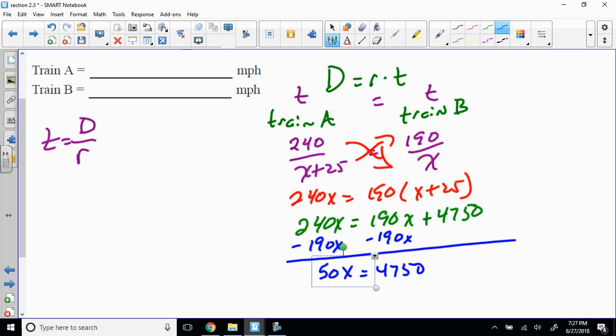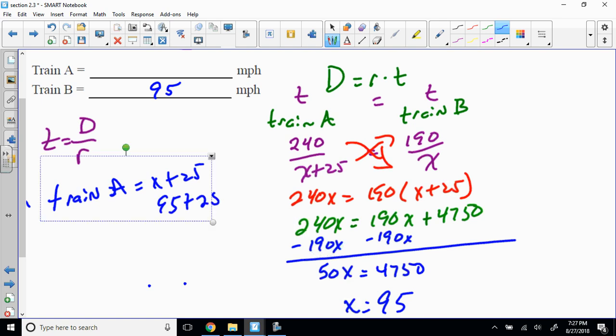Divided by 50. So what is that? x equals what? 95, right? So, but who is x? x is train what? B. So train B is traveling at 95 miles an hour. Train A is x plus 25, which is 95 plus 25, which equals 120.